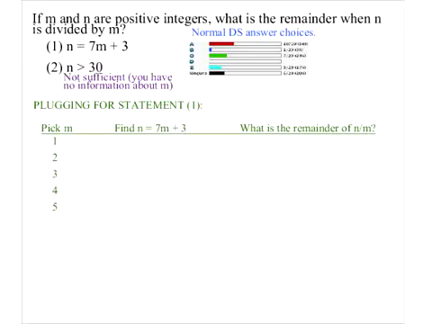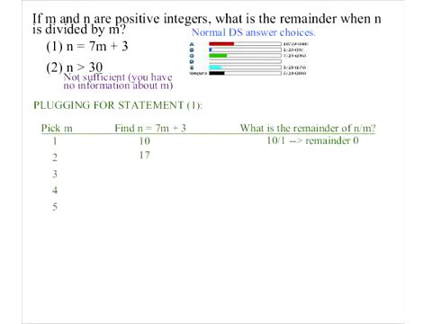If M is 1, then N is 7 plus 3. And the remainder when you divide 10 by 1 is, 1 goes right into 10, so the remainder is 0. If M is 2, then 7M plus 3 is 14 plus 3. That's 17. This is 17 divided by 2.